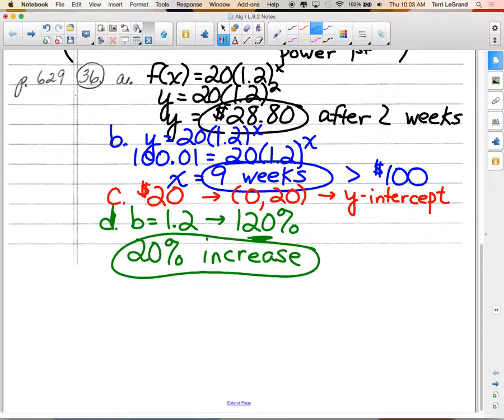Should get $5.76. Do you? You gotta take it times 0.2, don't you? Okay, $5.76. Add $5.76 to $28.80.